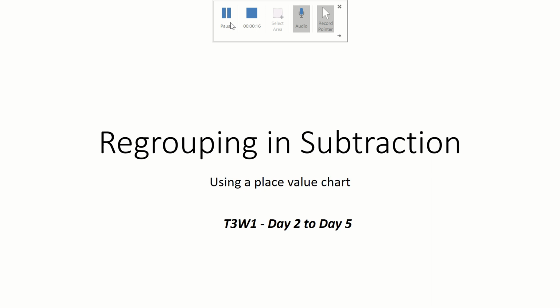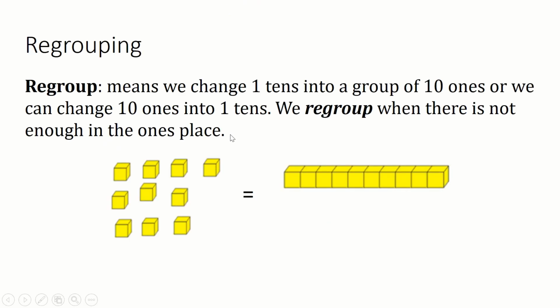Yesterday, we focused on figuring out and deciding whether or not we needed to subtract and whether or not we needed to regroup in subtraction. We found out yesterday that regrouping means that we change one 10 stick into 10 ones cubes, or we could do the opposite, change 10 ones cubes into one 10 stick.